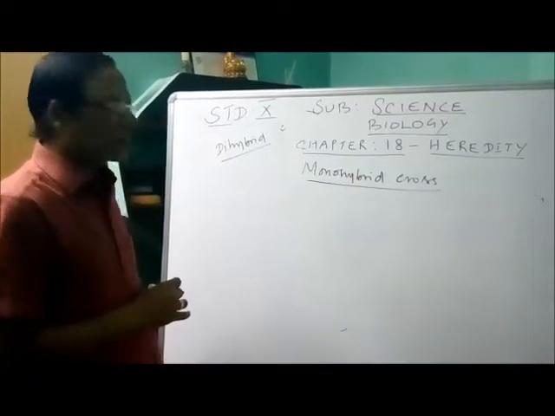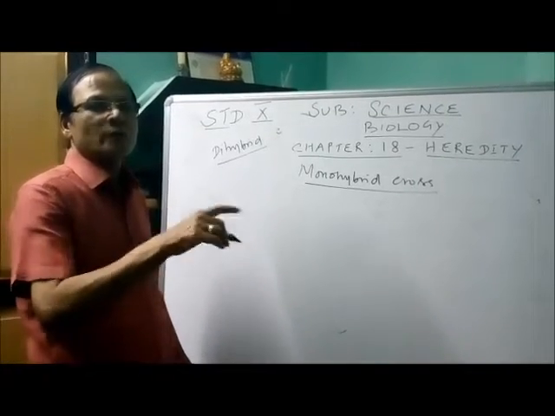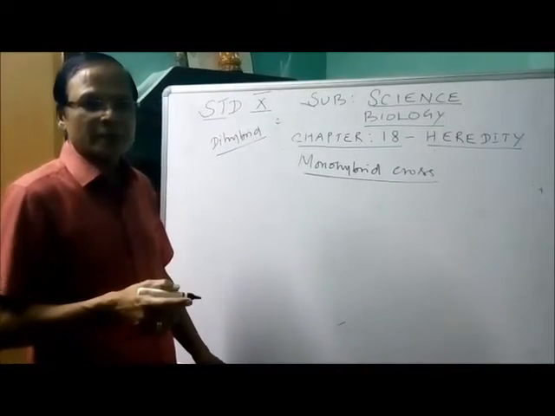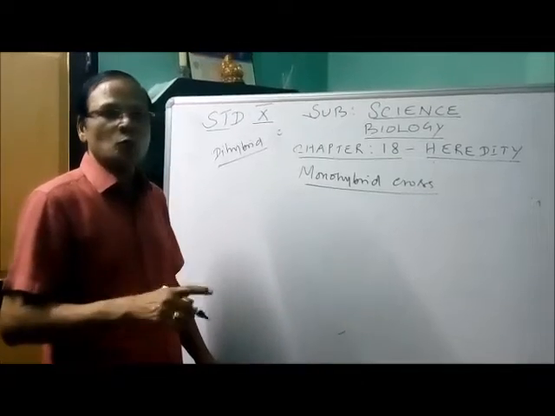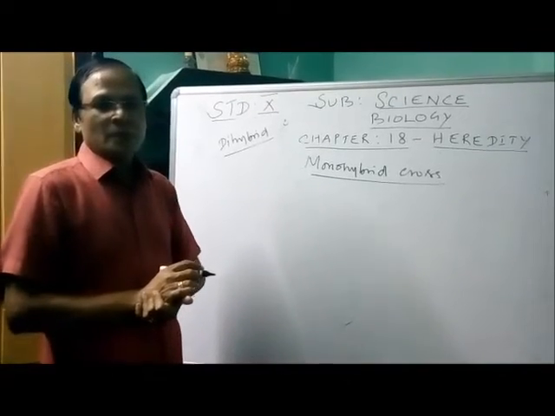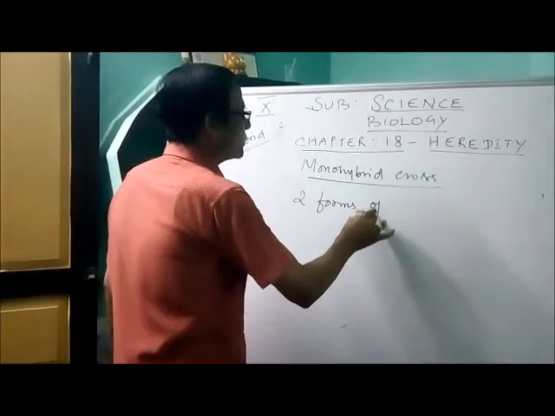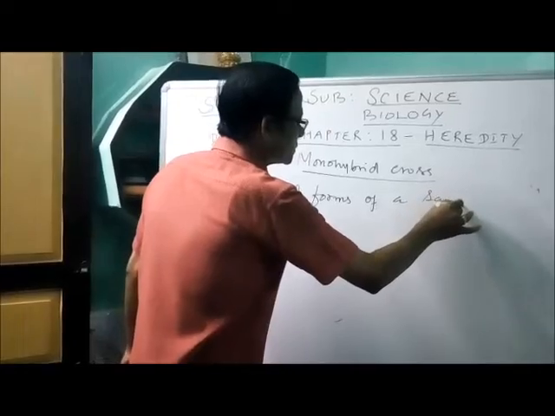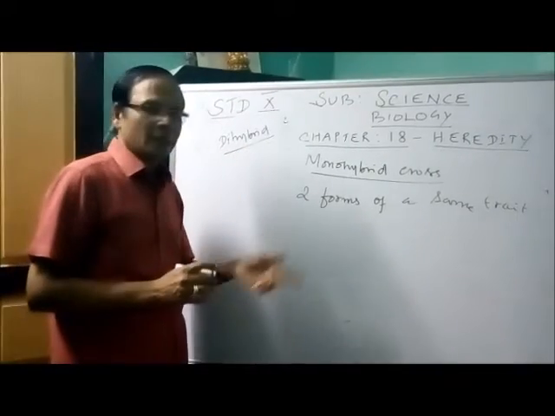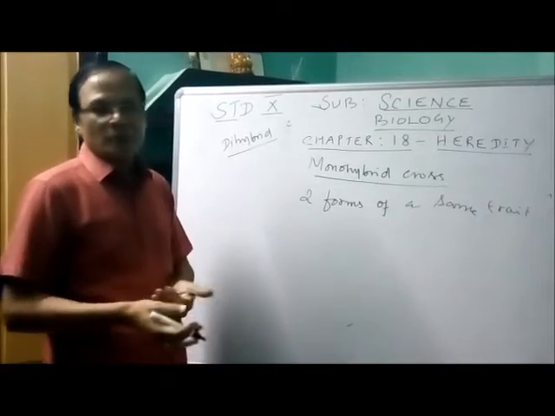What is a monohybrid cross? Crosses involving the inheritance of only one pair of characters, or only one pair of alleles, or only one pair of genes, constitute a monohybrid cross.